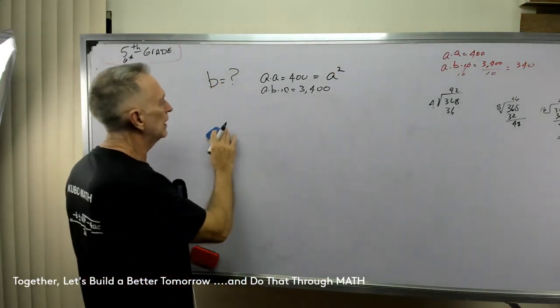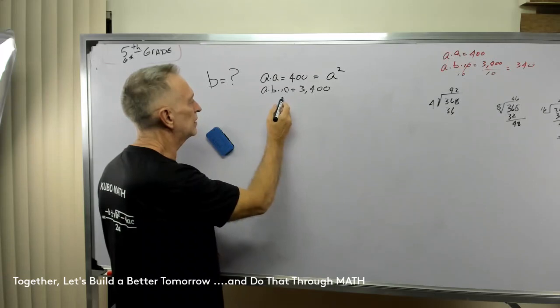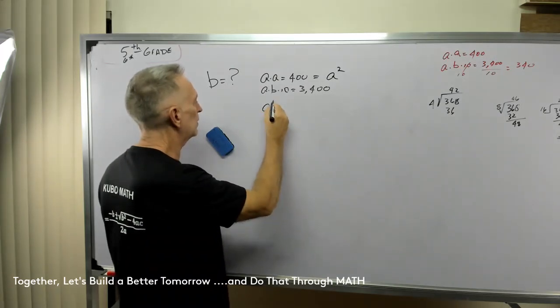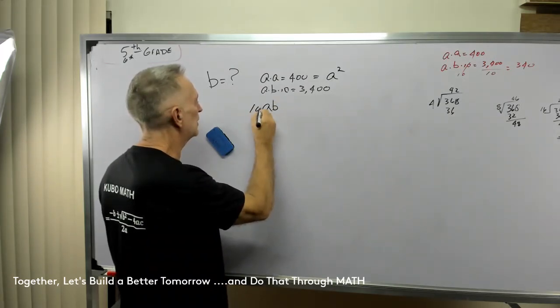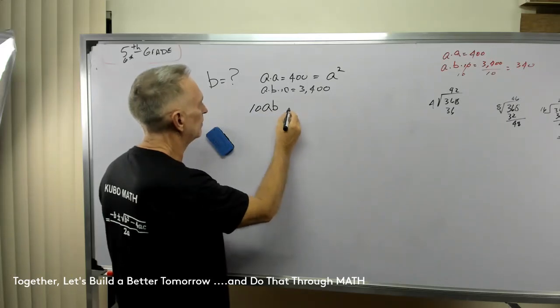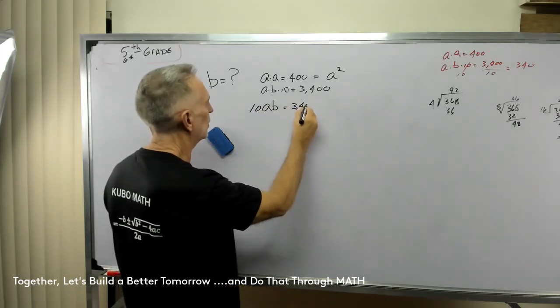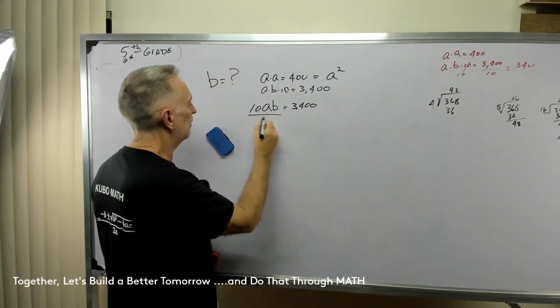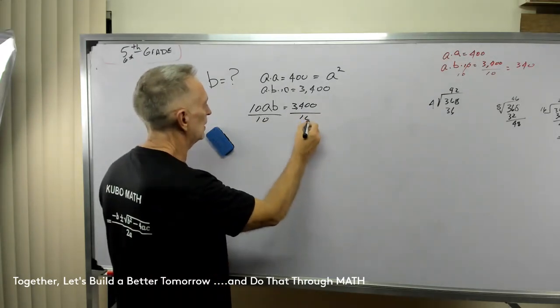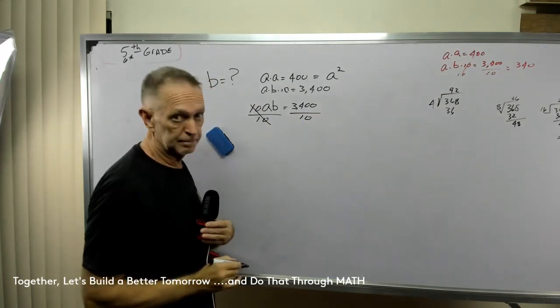Okay? Now then, we have A times B times 10. You could rewrite this as 10AB. That equals 3,400. Well, I'm going to divide both sides by 10 and get rid of that 10.